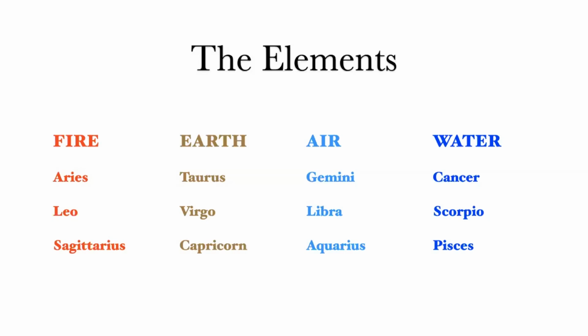That's the bottom line of what each element relates to. Each of the signs of the zodiac related to their particular element will be attuned to that realm, in slightly different ways because they're different signs, but they'll all fundamentally have that in common.